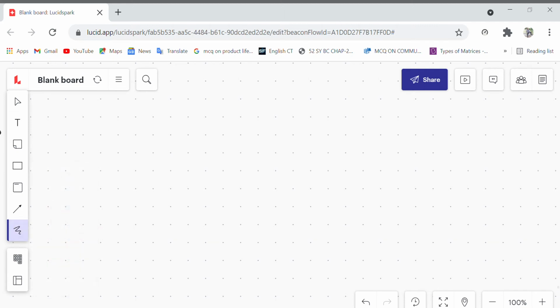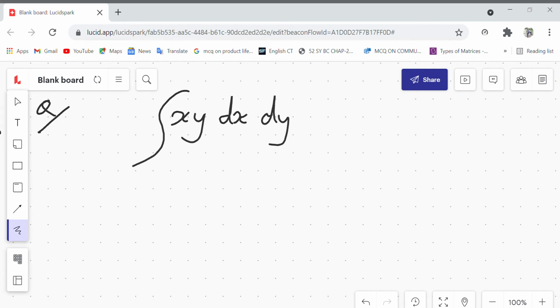So starting with the first question, x y dx dy. Integration of 0 to 1, again integration of 0 to 2.